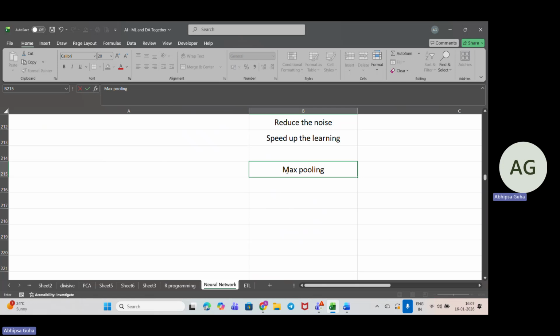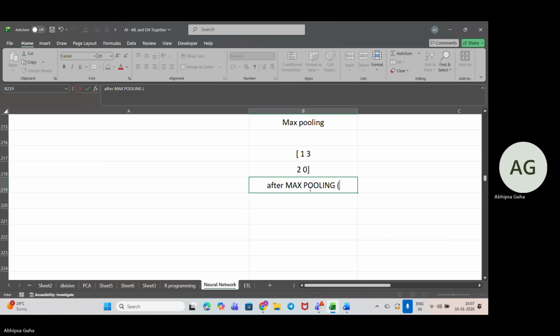Max pooling is most common, so it takes the maximum value from the smaller region and we take it all together. Okay, let's take an example. Suppose we have 1, 3 and 2, 0 like this, and after max pooling with a 2 cross 2 window, we will get the max, that is equal to 3, because among these, 3 is the maximum value.